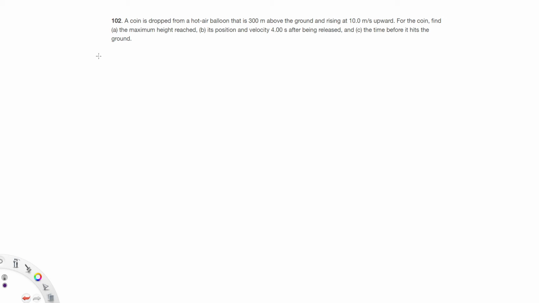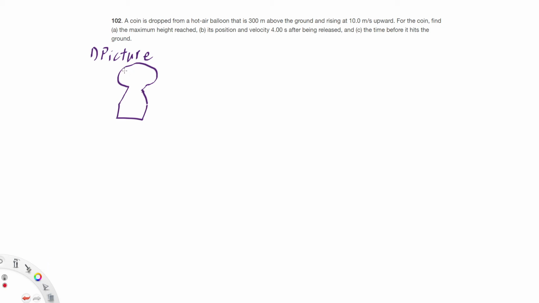We're going to start by drawing a picture, because that's what we do. So there's a hot air balloon. It is connected by some ropes to this balloon here.